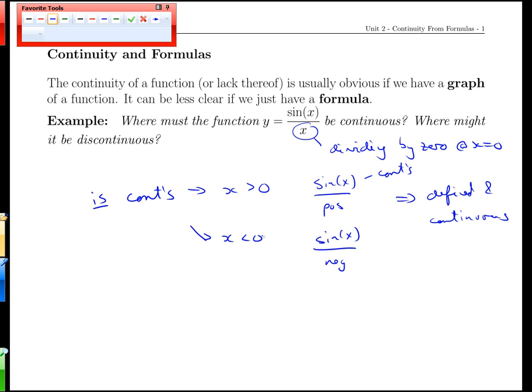So what happens if we look at x less than 0? Well, same kind of thing happens. We have a continuous function over another continuous function here, some negative values, but it's still continuous. And so this is also going to be well defined and continuous as well.